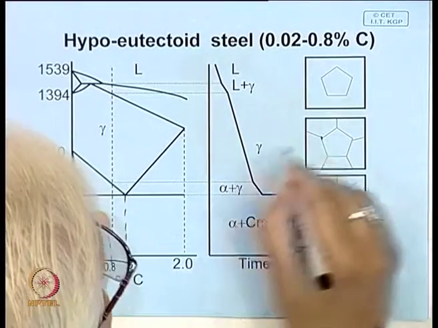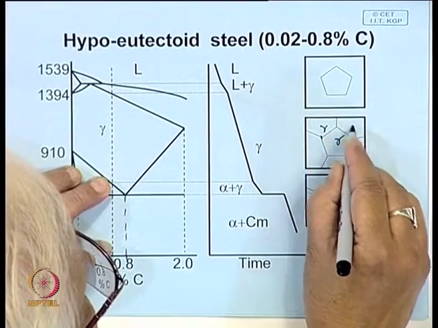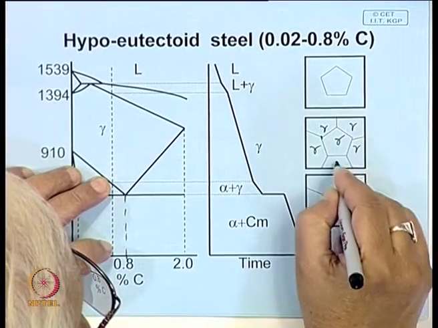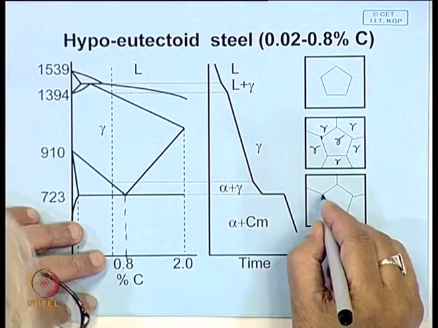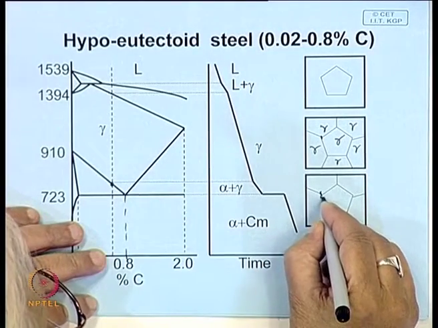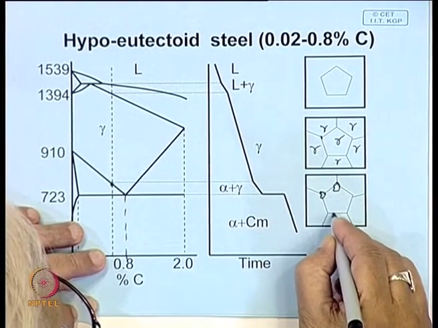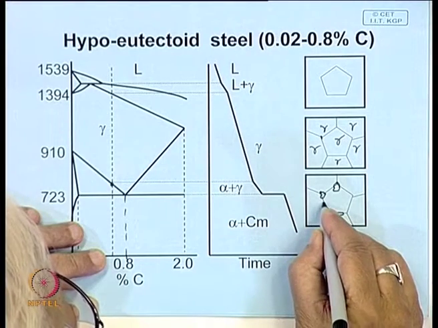Until here you have grains of austenite, and when the temperature goes below this, you will have some ferrite grains nucleating in the grain boundary.